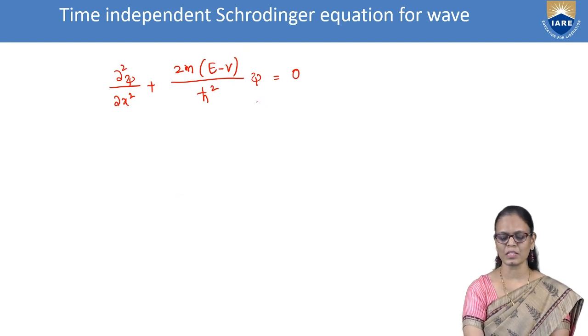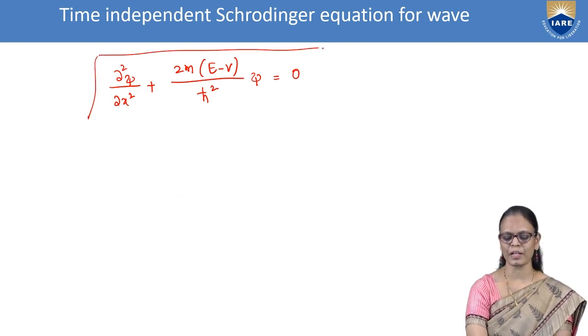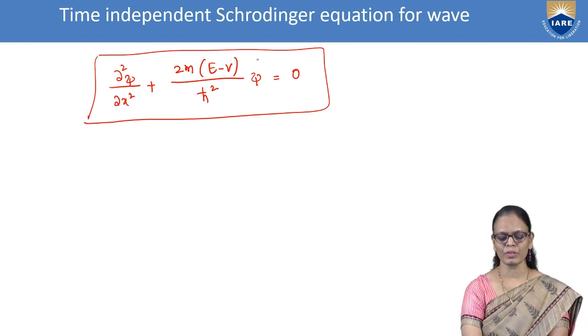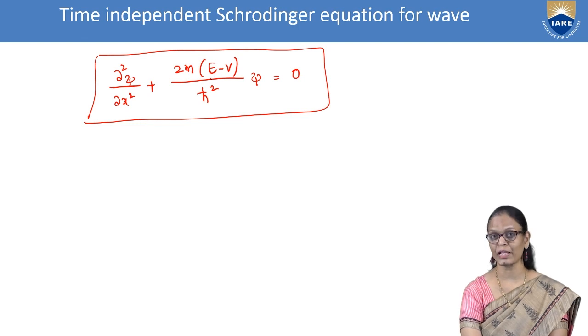This is the time-independent Schrodinger wave equation. And you know all the terms. Psi is the wave function, m is the mass, E is the energy. Here when I am talking about energy, it is the total energy. V the potential, h cross is a constant given by h by 2 pi.